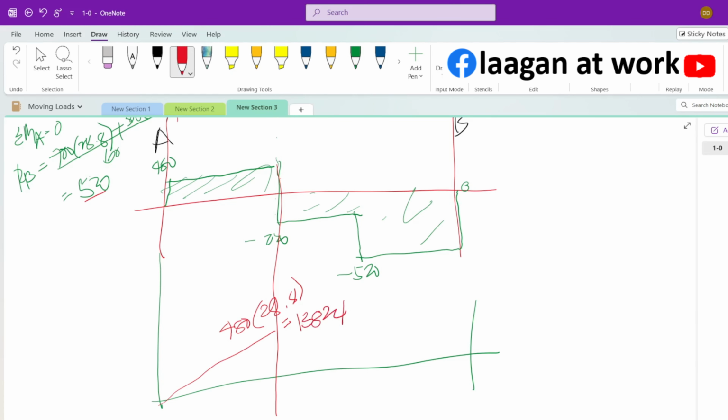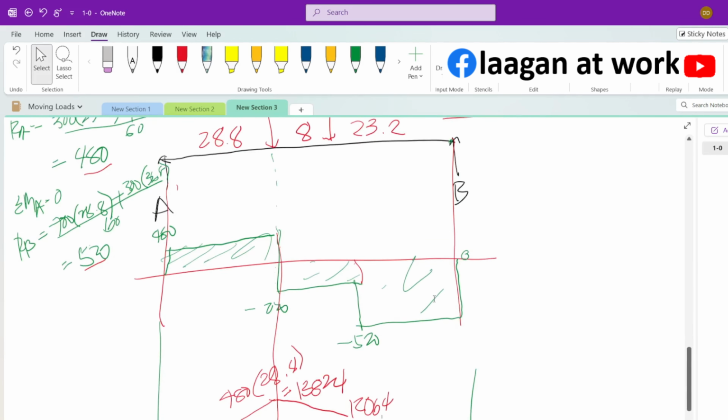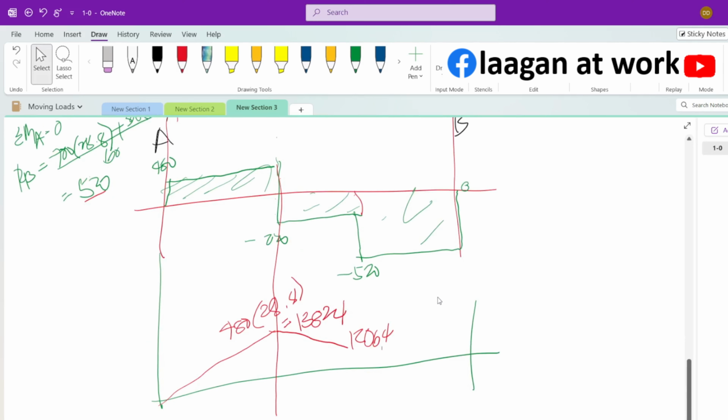And then this one would be minus 220 times the distance 8, so minus 220 times 8 is 1,760, and then minus 520 times what's the distance? 3.2 is 0.